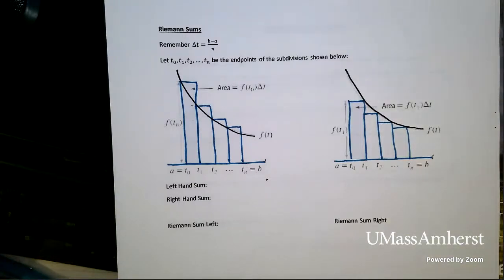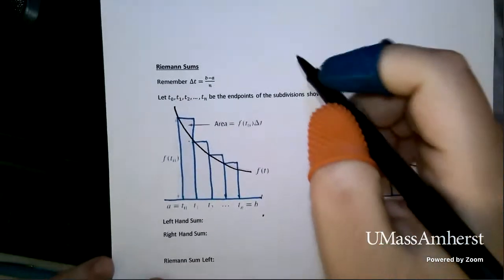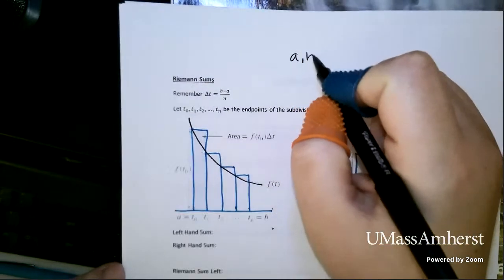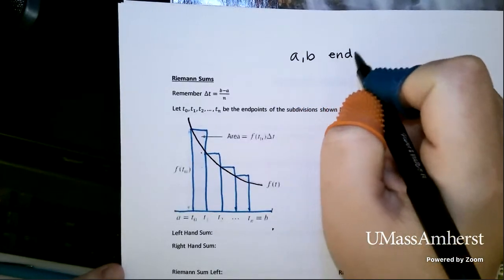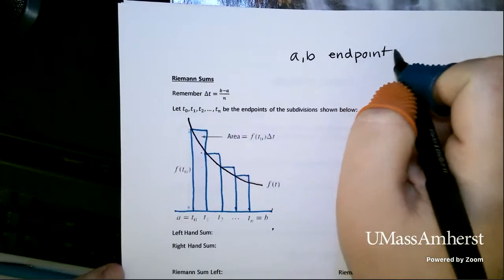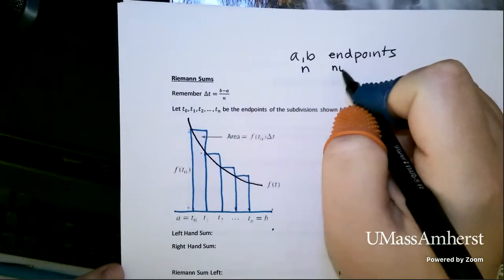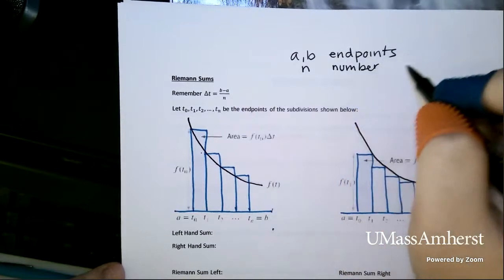Within that, we had a couple of key variables that we used for different definitions. Just as a reminder, we had A and B, which were our endpoints. We had N, which is the number of rectangles.